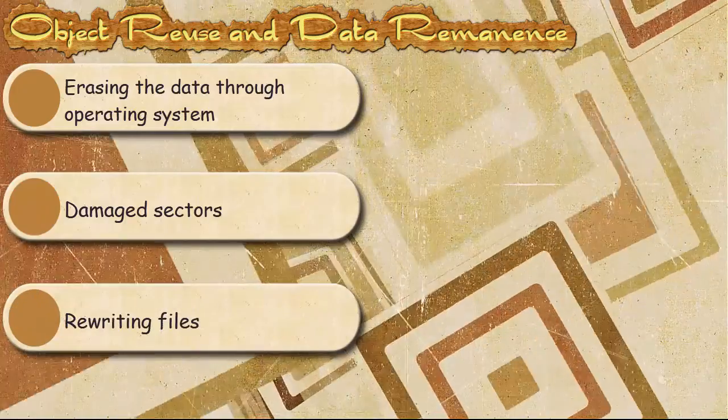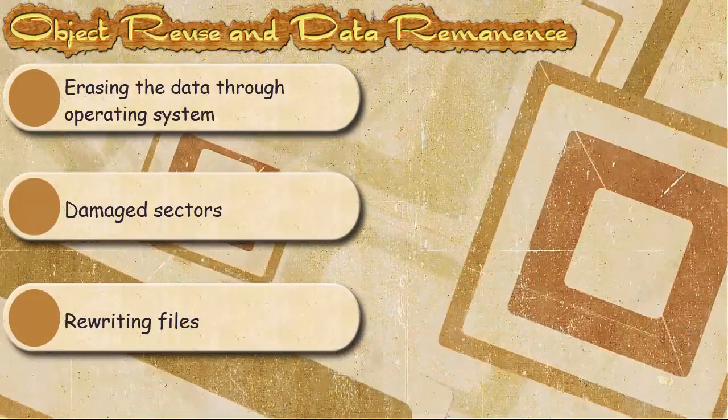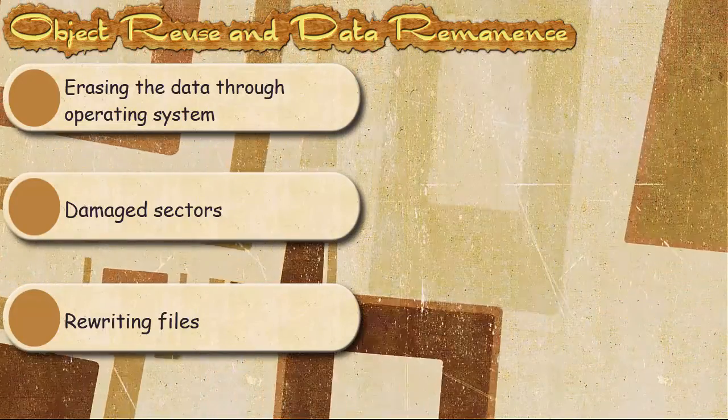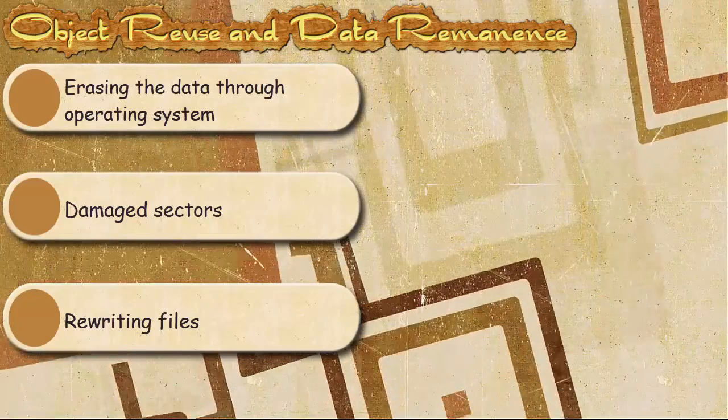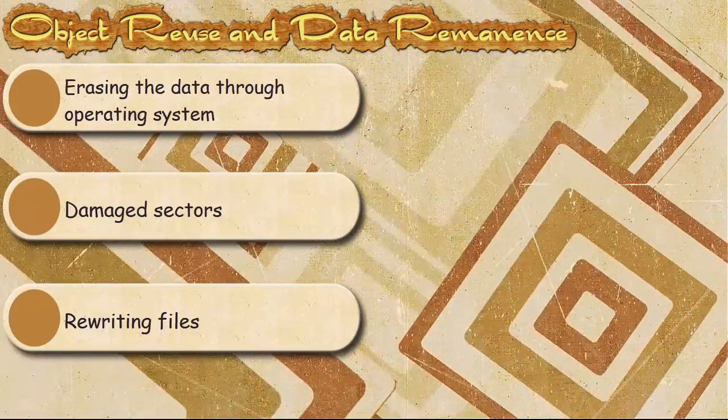Another problem is writing files on top of old files. This is a problem because files may not override all data on the disk, because a new file may not be as long as the older file, and data may be retrieved past the file end character.